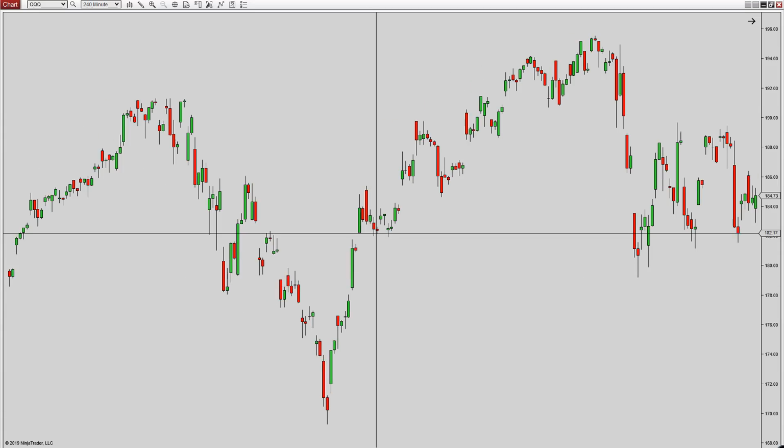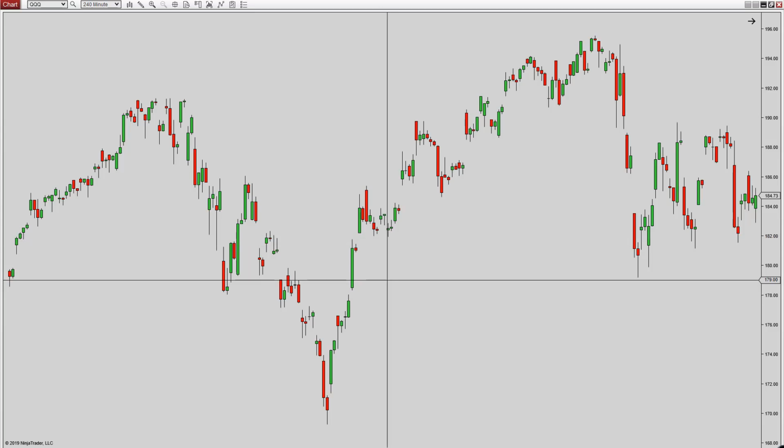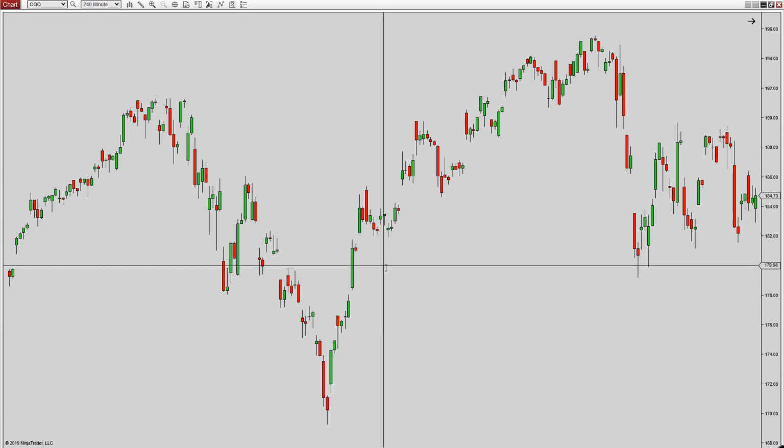So I have what I call signal bars, and there are 4 bars that I typically look for. And we can just quickly go through and actually write rules down for them. So they're the same for bullish and bearish. They're just the opposite, okay? And I'll get into that.